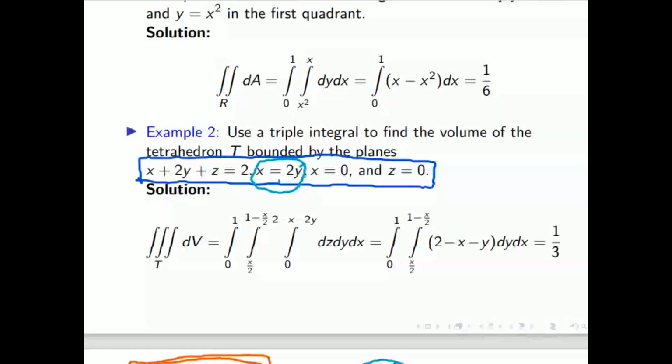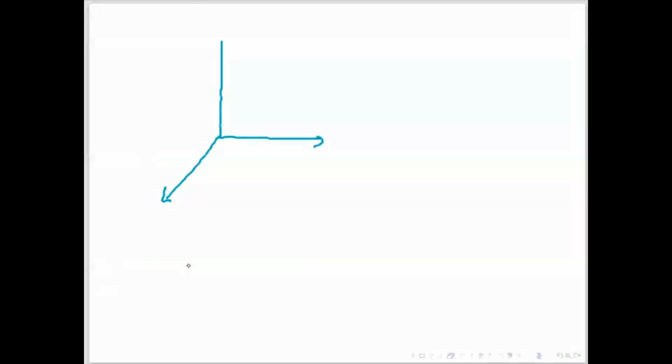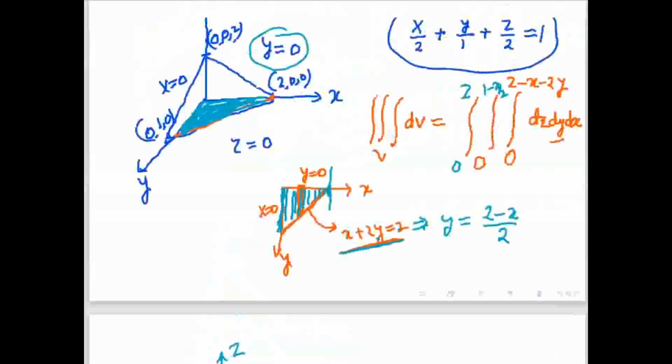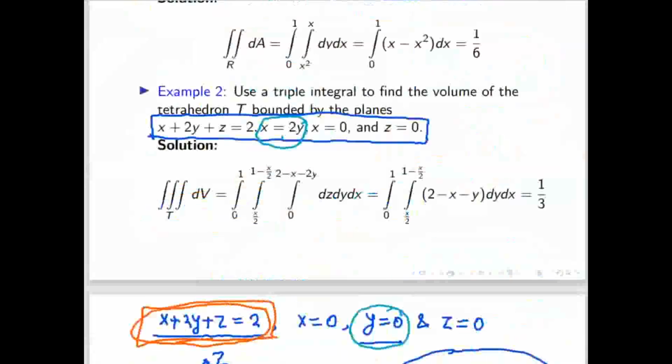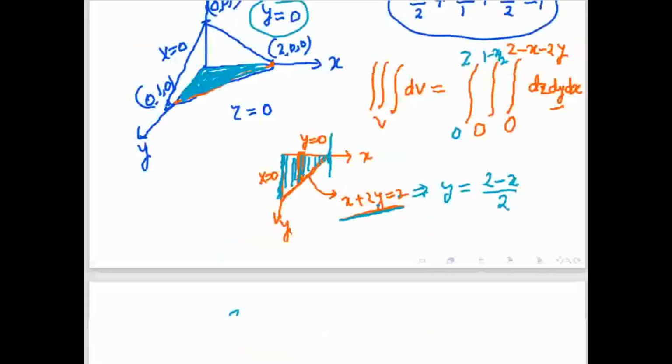So again I will draw this picture. So this is z axis, this is x, this is y. So I'm just putting that picture, this plane. So now here x equal to 0 and z equal to 0 is there.